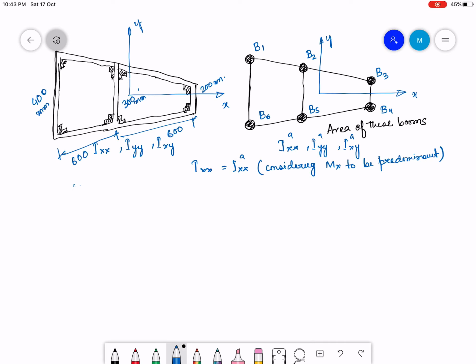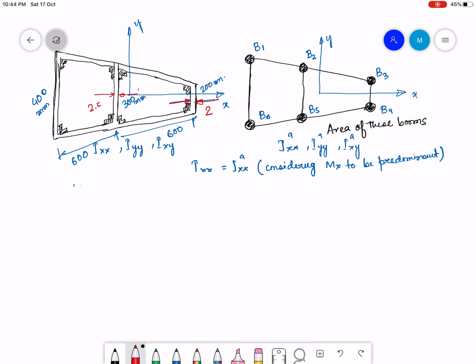Okay, so the thickness here is 2 mm. Let me use red color. So the thickness here is 2 mm. The thickness here is 2.5.